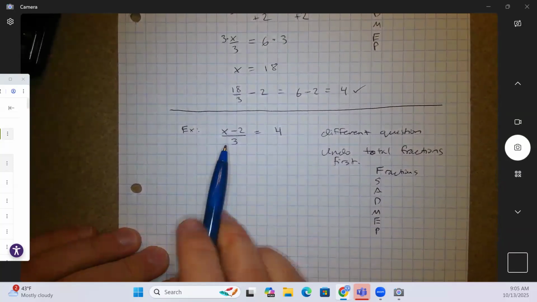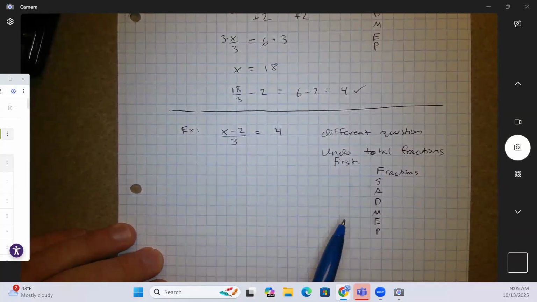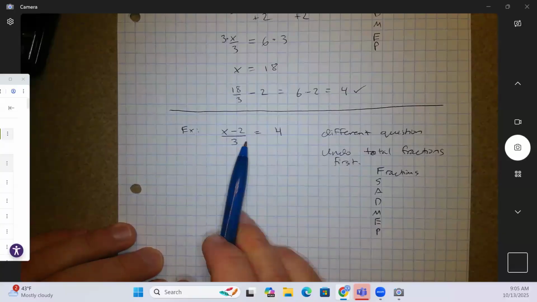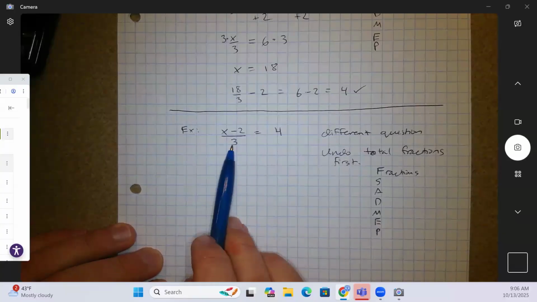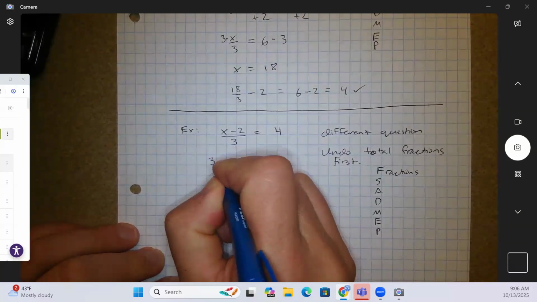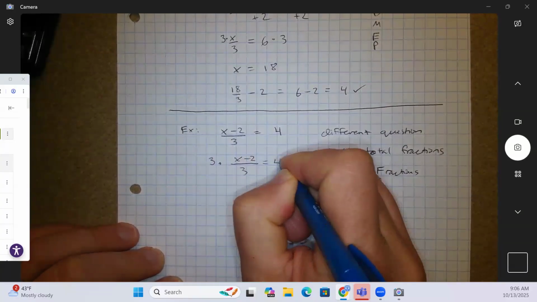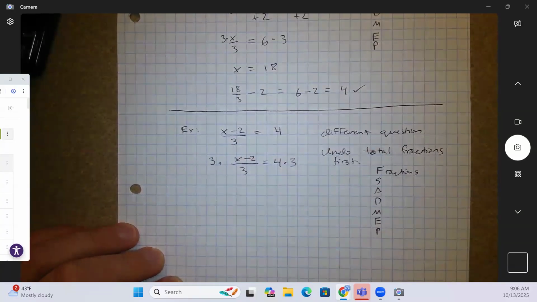So if I undo this total fraction divided by 3, how do I undo that? Well, this total fraction, that's a division. So to undo this total division, I have to actually do a total multiplication. So I have to take 3 times that fraction, x minus 2 over 3 equals 4 times 3.